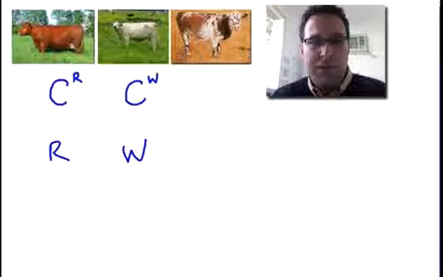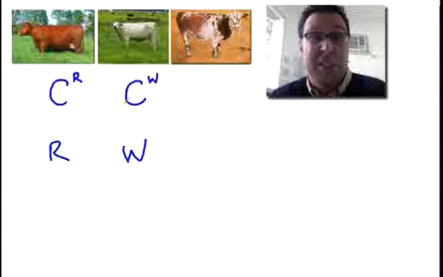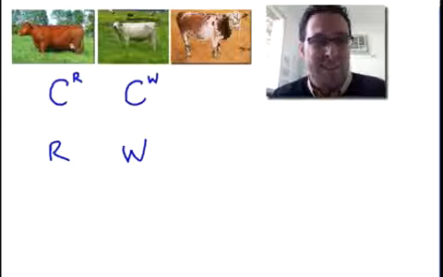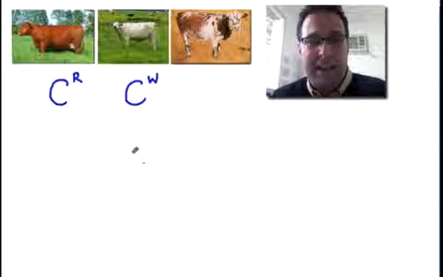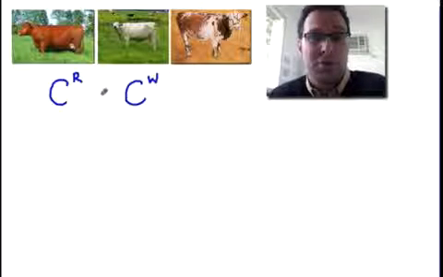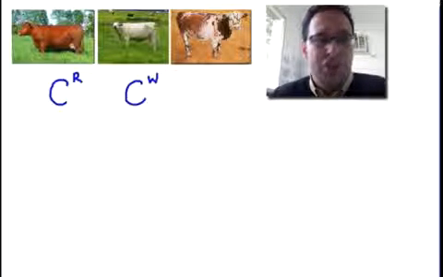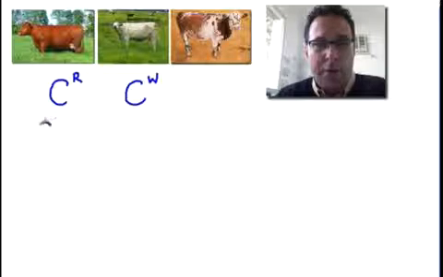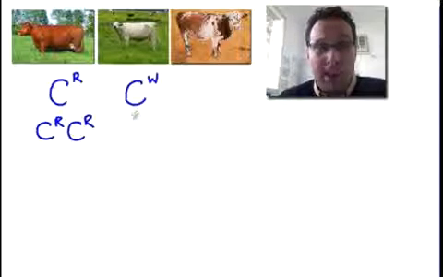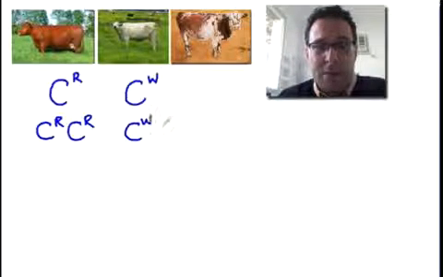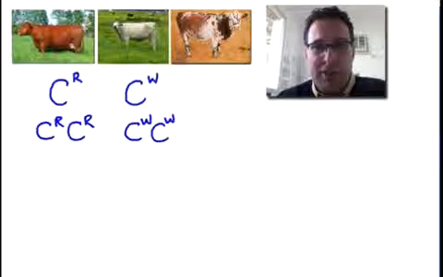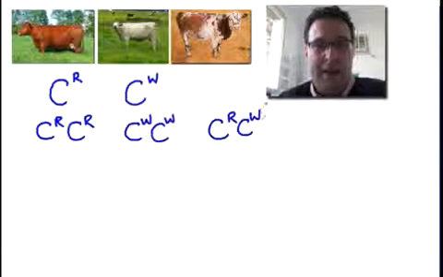This way we know that these two are both different alleles of the same gene that we're referring to as C. So we want to keep that letter the same, but we need a superscript to differentiate between them. So the genotype of a red cow would be big C R, big C R. The genotype of a white cow would be big C W, big C W, but a heterozygote, one of these roan cows here, will have the genotype big C R, big C W.